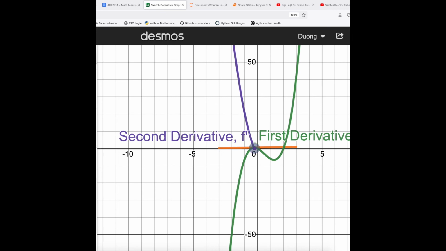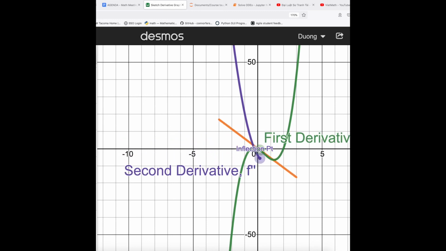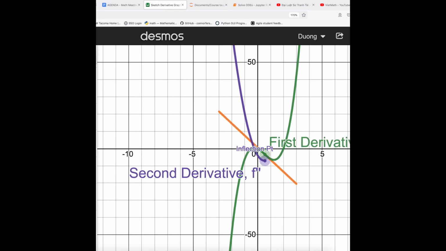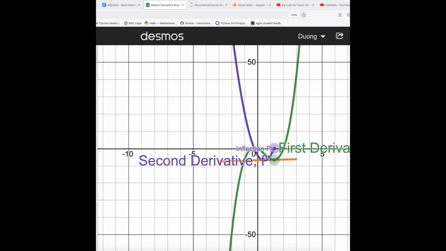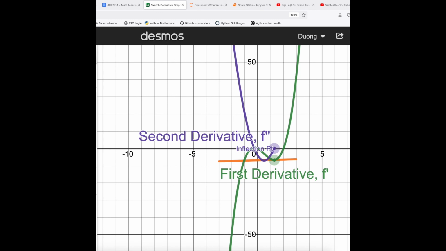Later in the course, we'll learn that this is one of the inflection points of the graph. Right, and we let the point keep moving to the right, and the tangent line changes its behavior again after this point. And again, this is another inflection point.